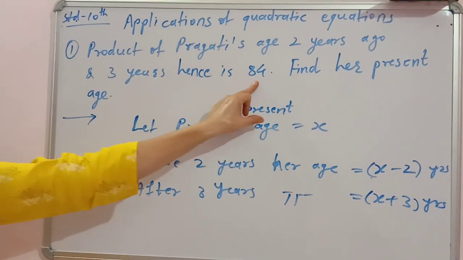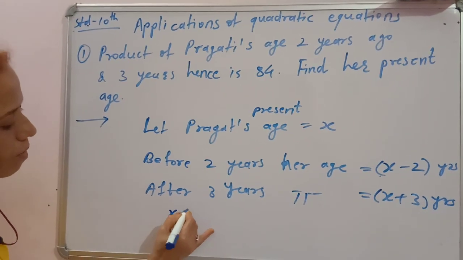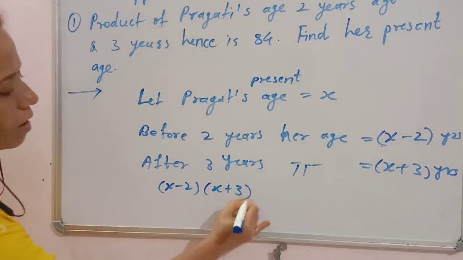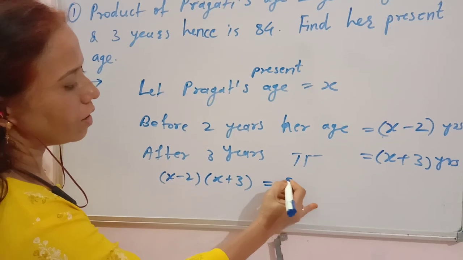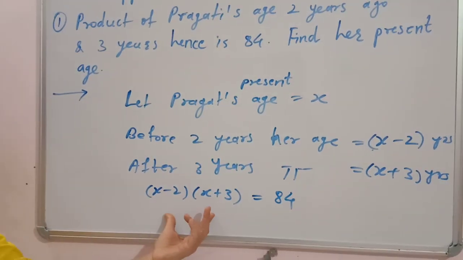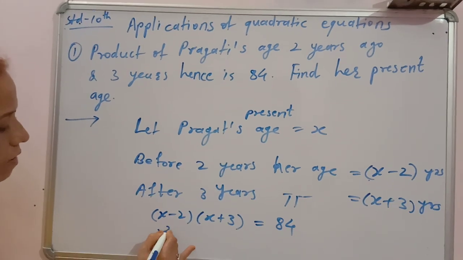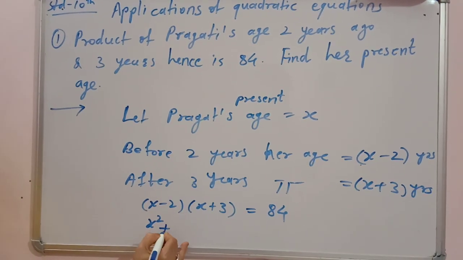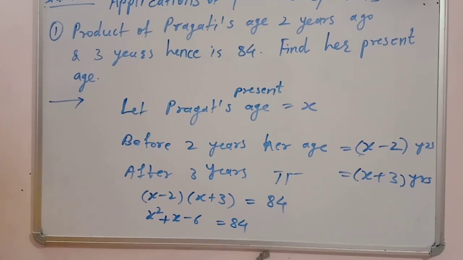So it is very important to frame a quadratic equation. That is (x minus 2) into (x plus 3) is what? 84. Now solve this. That is, do the product of this: x square minus 3x minus 2x, that is plus x minus 6 equal to 84.